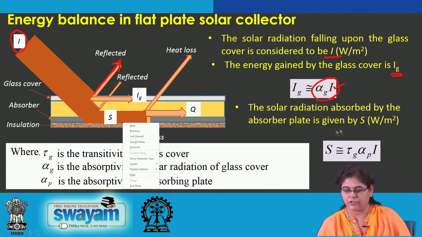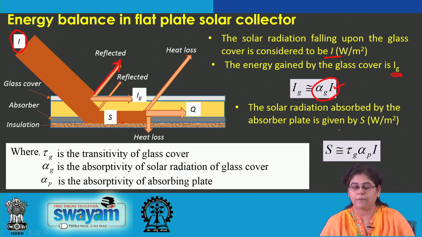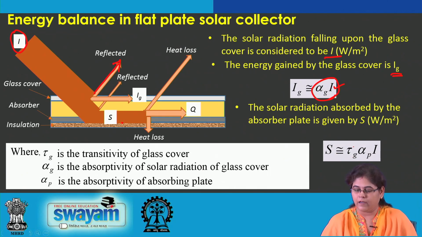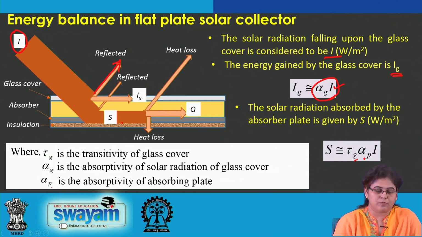The solar radiation absorbed by the absorber plate is given by capital S, where we can write S as the transmittivity of the glass cover, times the absorptivity of the plate, times the solar radiation intensity. Here the nomenclatures are also provided.